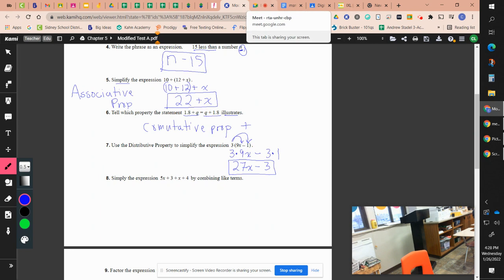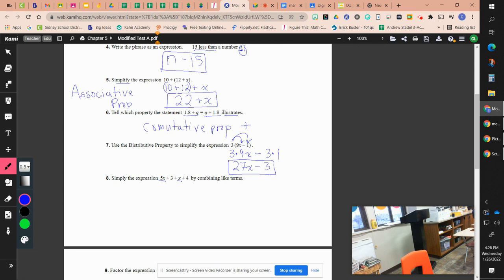Okay, so then the next thing we're going to do is box in that answer. The expression 3 times quantity 9x minus 1 is distributed when you get 27x minus 3. So now we're going to combine some like terms. When you combine like terms, you always add or subtract the terms that have the same variable raised to the same power.